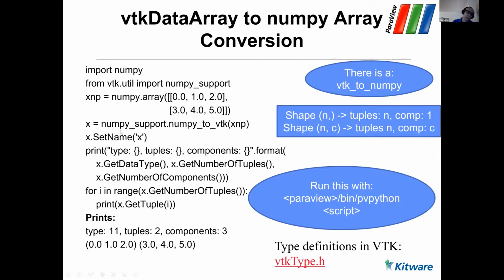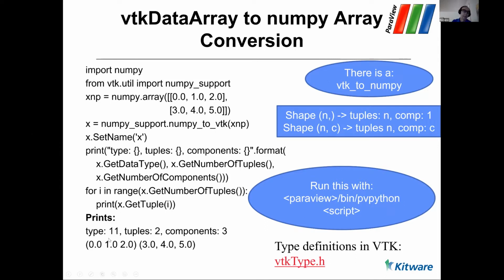All VTK arrays have names, so we can set a name for that. And then we use the VTK API to introspect that array. So we get the data type, and we print all that. So the data type, the number of tuples, and the number of components for each tuple. And we print the actual values as well.